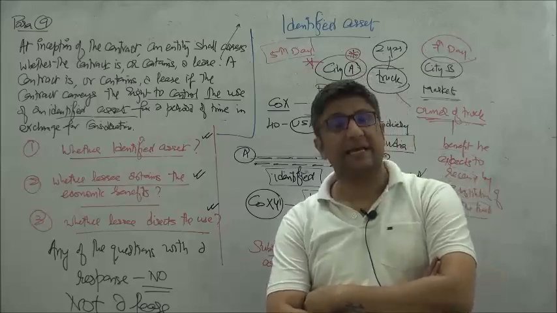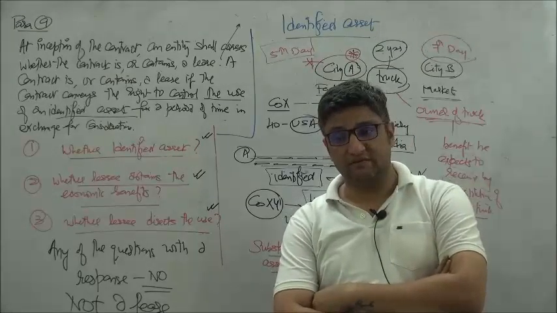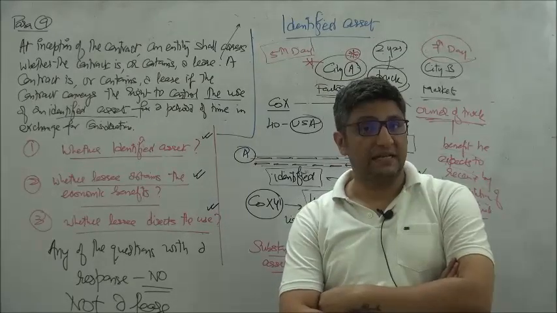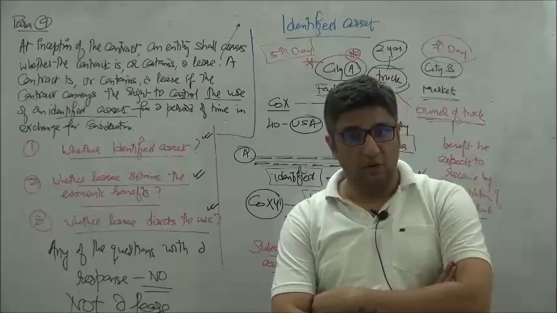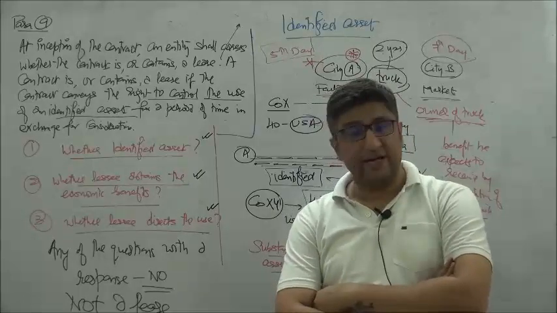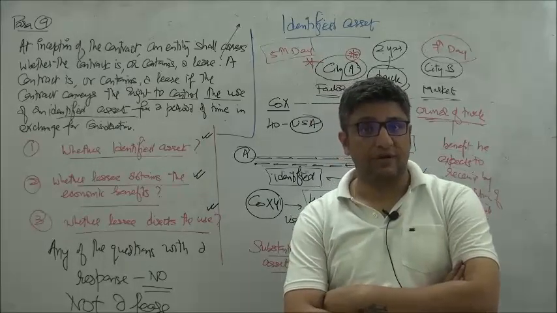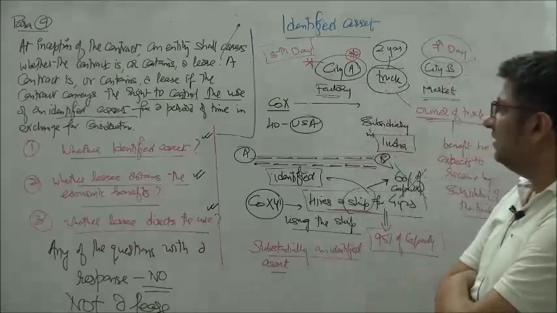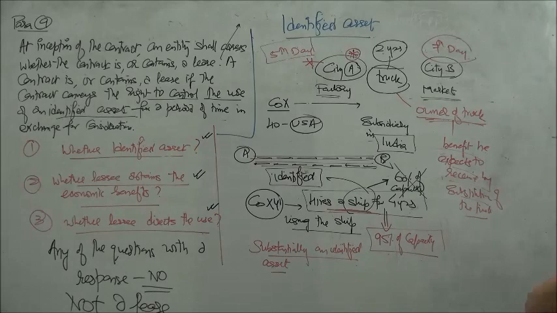So in these cases, when we ask whether that server, the cloud space, is an identified asset, the answer is likely to be no, which means that those kind of arrangements would not fall into the definition of leasing per se. Okay, right? So that's something which we want to talk about in this parameter to begin with.